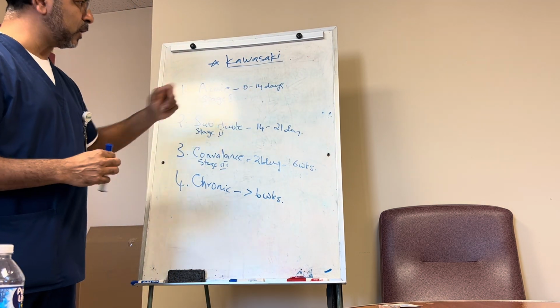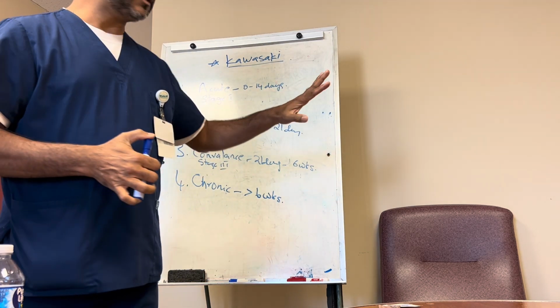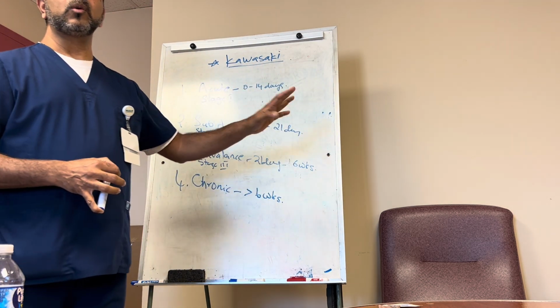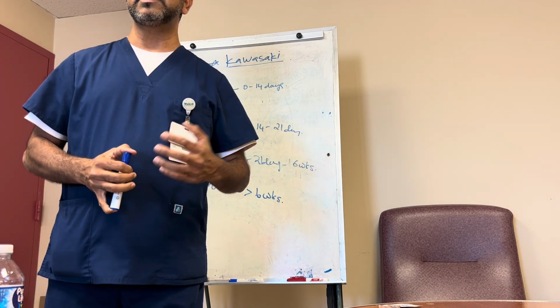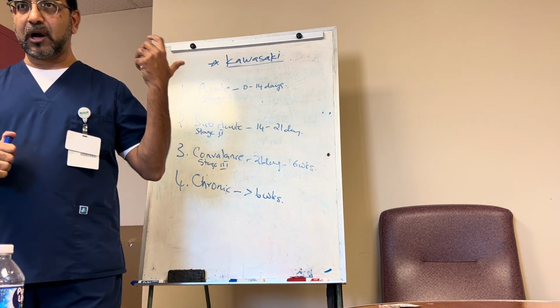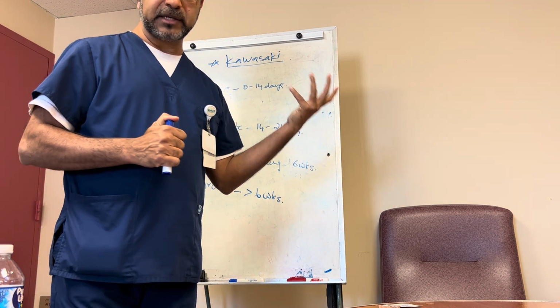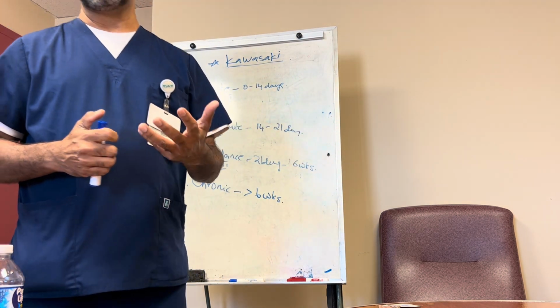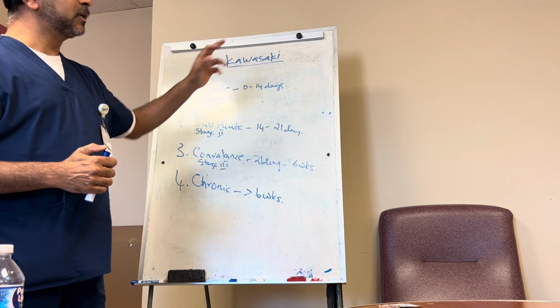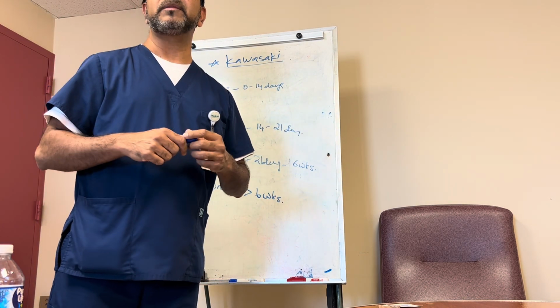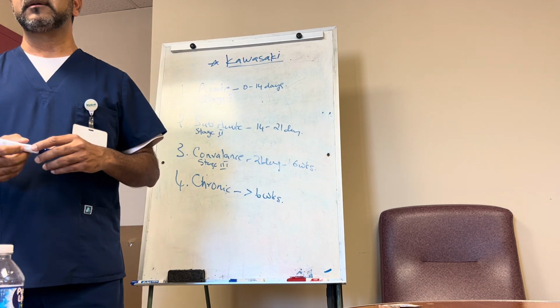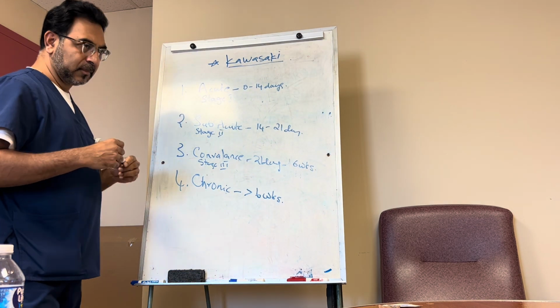It's important to know. Now, why is so much importance given to Kawasaki? Like I said, it is one of the commonest acquired causes of heart disease in the United States. So what cardiac involvements do you have in Kawasaki? Coronary aneurysm.